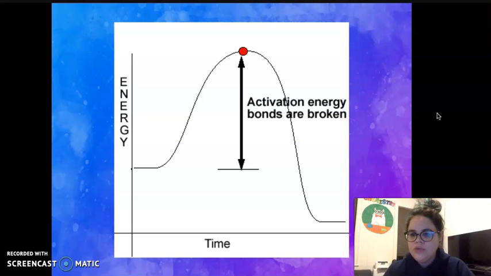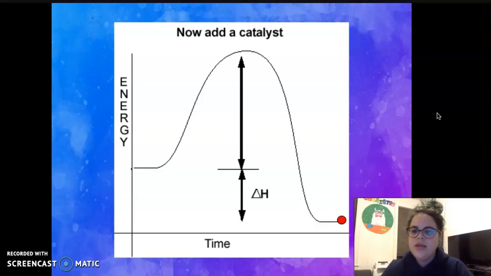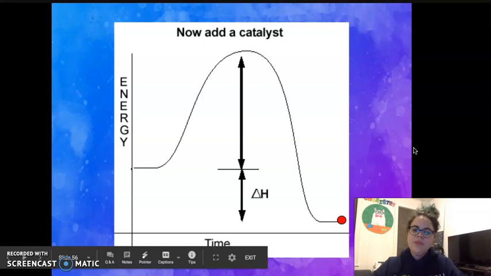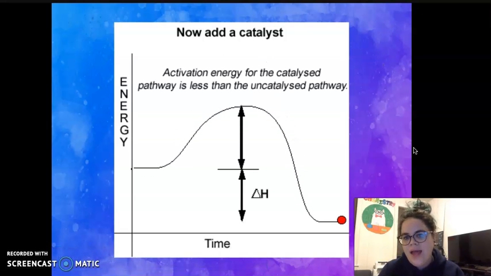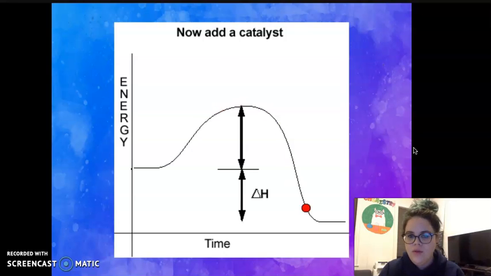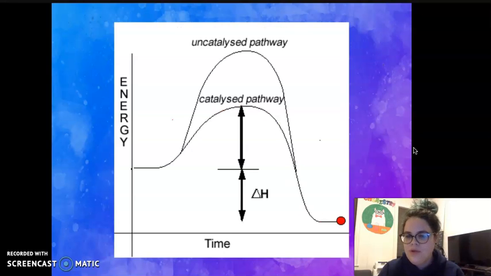This is showing you a general reaction from where you start and you have to get up to that transition site. By the time you get up there, then your reaction can take place. Okay, but now by adding a catalyst, it's lowering that hill. Okay, and so it's going to make it so that it requires less energy to get over that hill. Okay, but if you notice, what's happening to delta H?